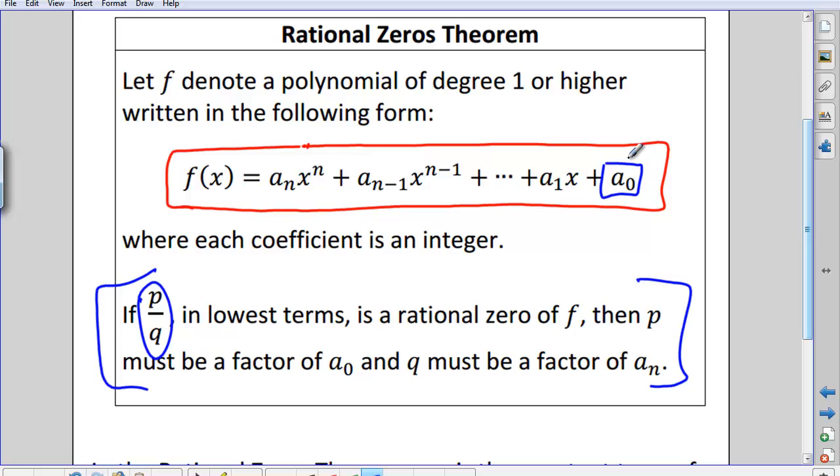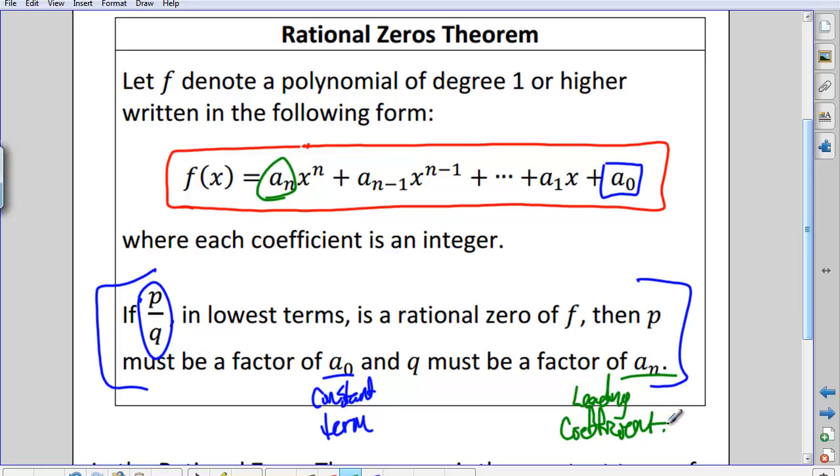That's the constant term. Okay, and then the denominator, q, has to be a factor of a_n. That's the leading, call that the leading coefficient.